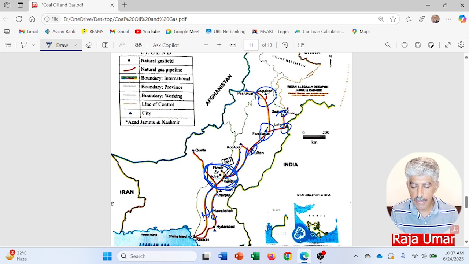And from the same natural gas production region, a pipeline is going towards the capital of Balochistan, that is Quetta. So this is how you can see the natural gas pipeline projects across Pakistan, supplying natural gas in bulk quantity to the major areas and connecting the major cities.